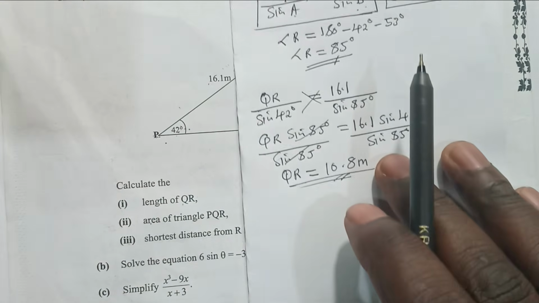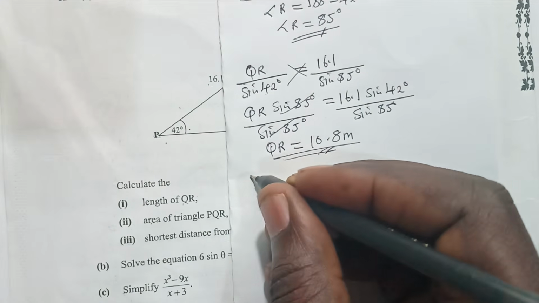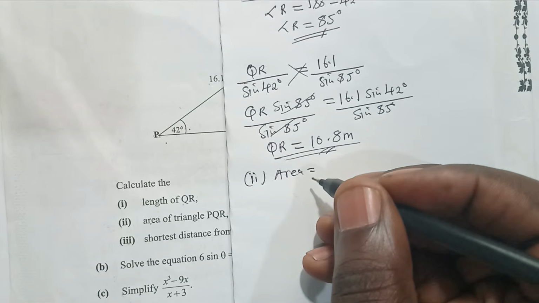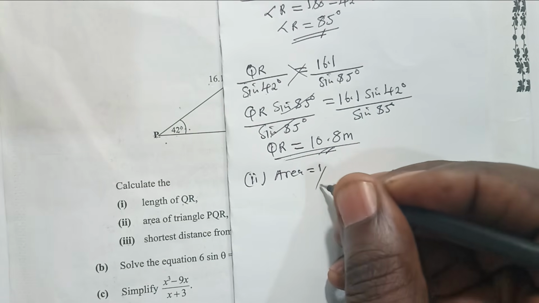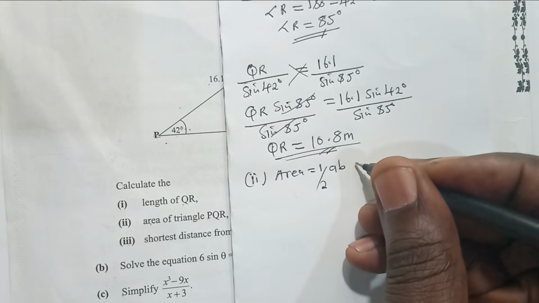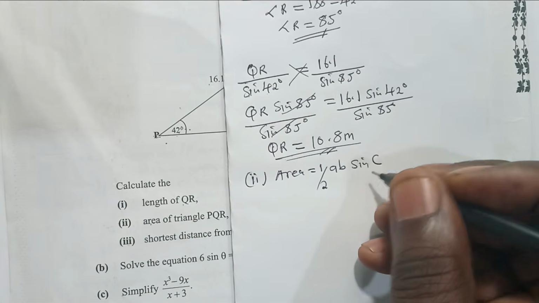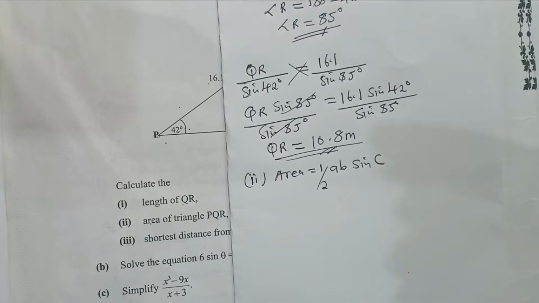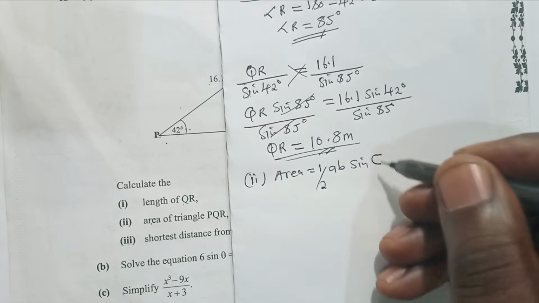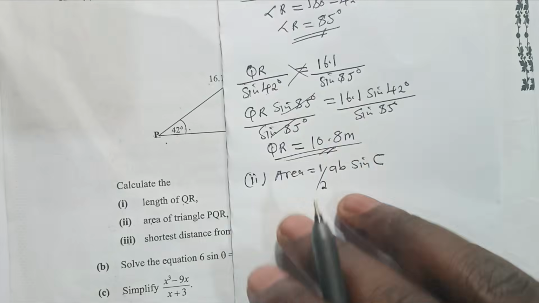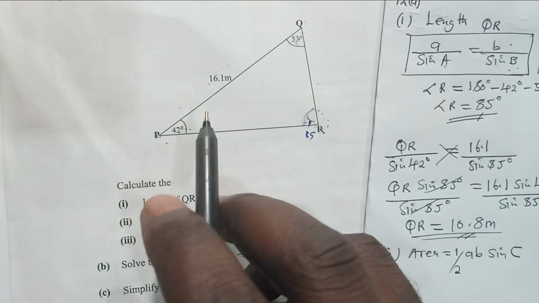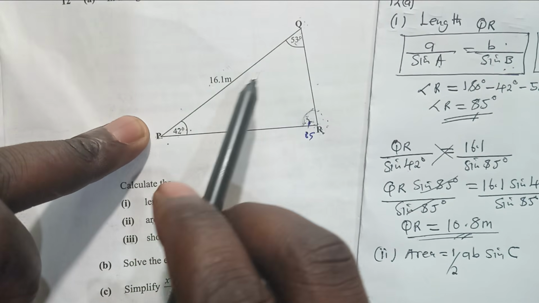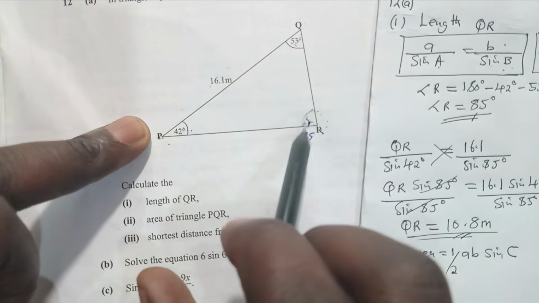Again, area for this triangle, which is a non-right angle triangle, is given by the formula area is equal to half ab sine C, where a and b represent the sides and the angle between them is represented by the capital letter C. So in our case, we have two sides: the side PQ and the side QR, which we've just calculated.